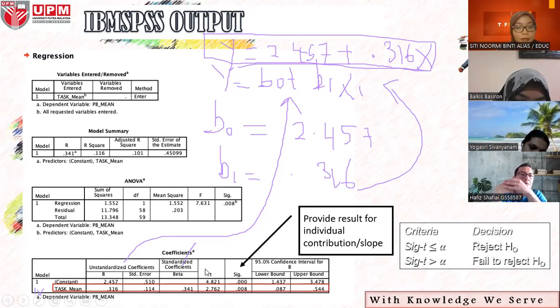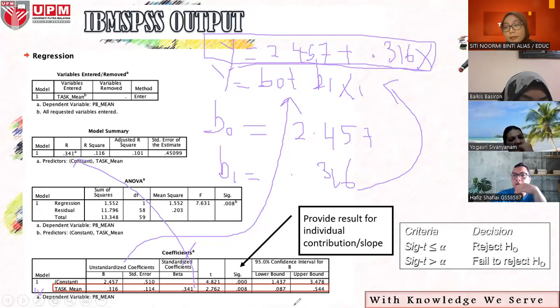Okay. Now, what about the standardized coefficient beta value, which is 0.341? Ni kebetulan sama dengan ni. Okay, standardized coefficient beta 0.341. What can we conclude?